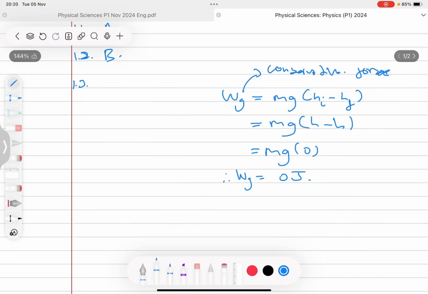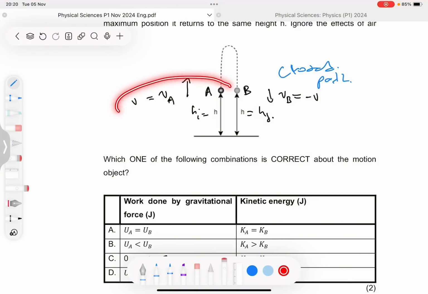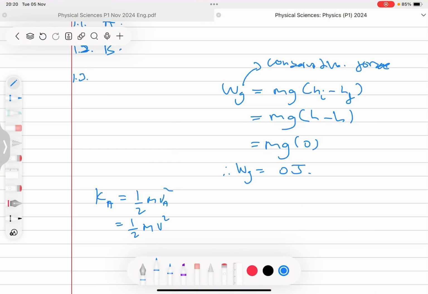So I'm going to use my equation for kinetic energy at A: K_A is equal to half m v_A squared. But we said that our velocity is v, so I'm going to write that as v squared. So this is the velocity that we have when the object is at this point. I'm going to then calculate K_B as well: K_B is half m v_B squared.